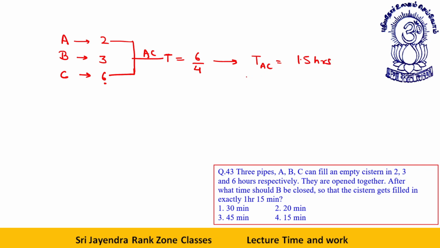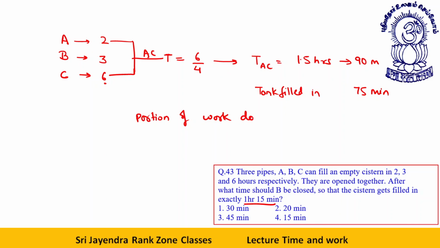Okay. See, the tank is to be filled in 1 hour 15 minutes. 1.5 hours means 90 minutes. Tank filled in 75 minutes. So the portion of work done by AC is how much? 75 by 90, which you can say 5 by 6.